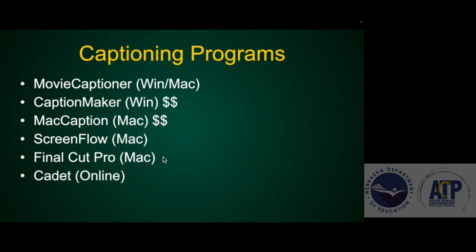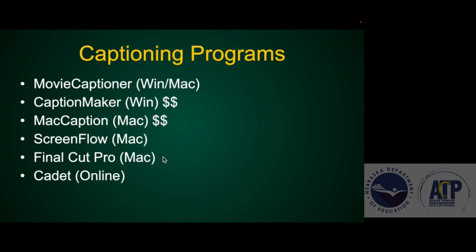There are a lot of captioning programs out there. Probably the one that's most used or most affordable is called MovieCaptioner. It's available on Windows and Mac. If you want to go real high-end and you're doing a real high-end level of captioning, you're looking at Caption Maker or Mac Caption, and those run into the thousands of dollars.